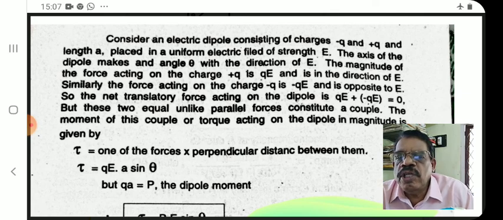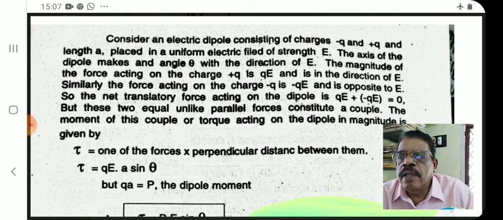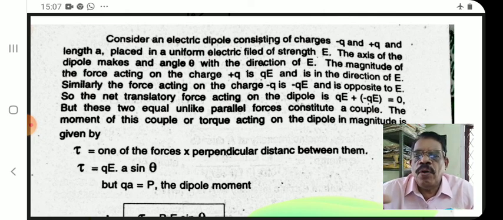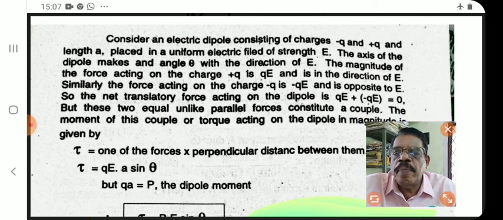But these two equal and unlike forces constitute a couple. The moment of the couple or torque acting on the dipole in magnitude is given by.